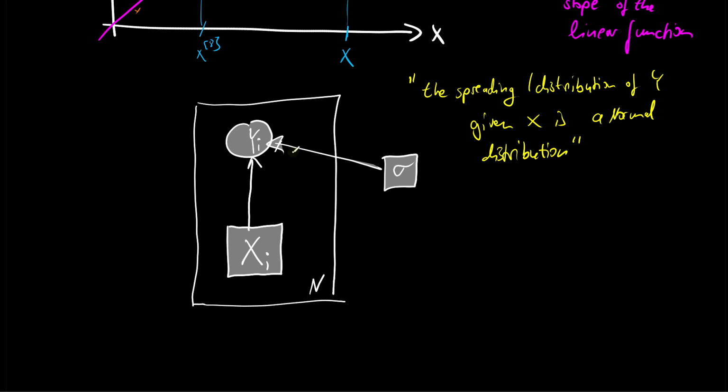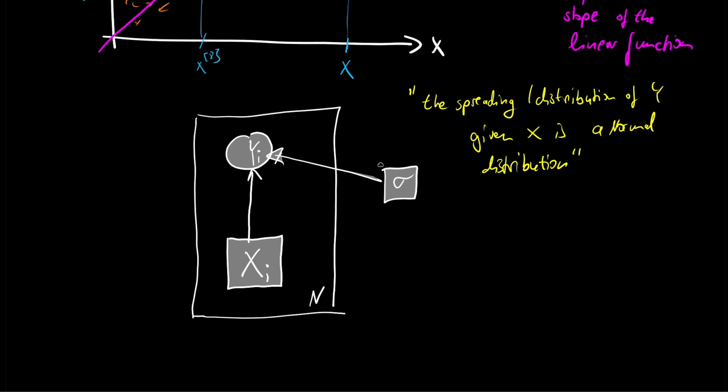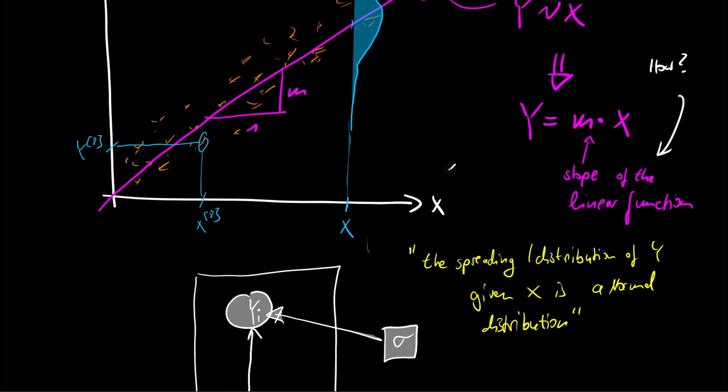And now the big idea of a linear regression model is that we don't have a fixed mu, but we have a mu dependent on x. So we have another variable that enters the probabilistic node here, and that's m, that's the slope of our linear function.